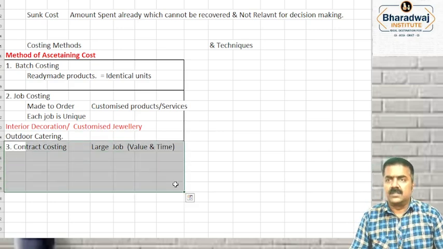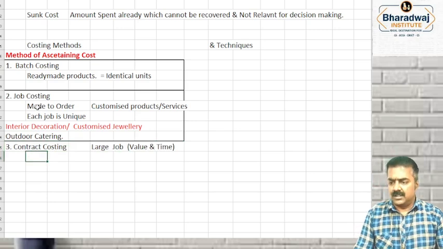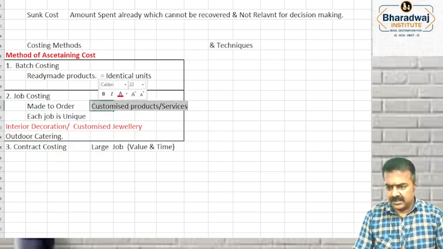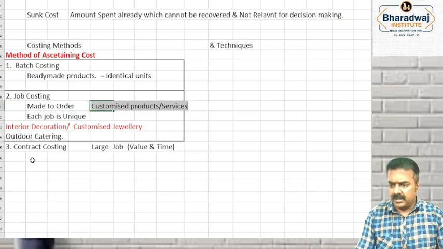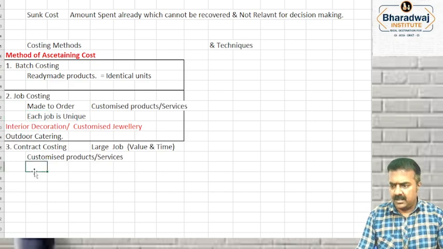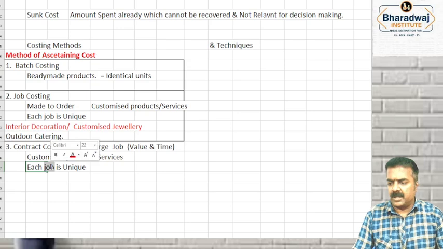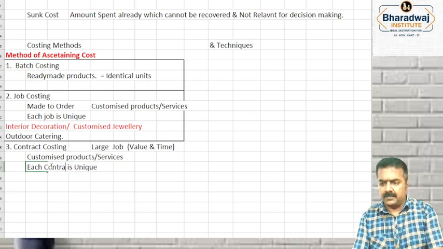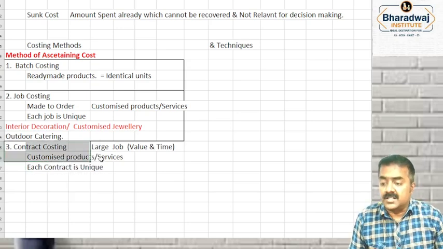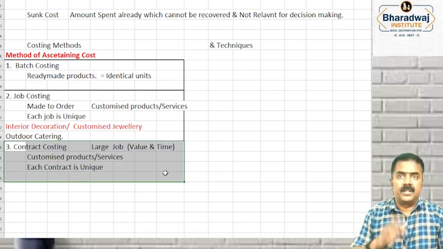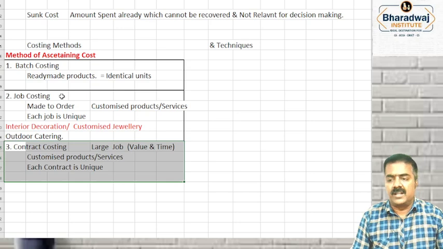We follow the contract costing method. This is also customized products and services only, and each contract is unique. But in what way is job costing different from contract costing? In contract costing, the work is done for a longer period, and the value of the work will be very large.